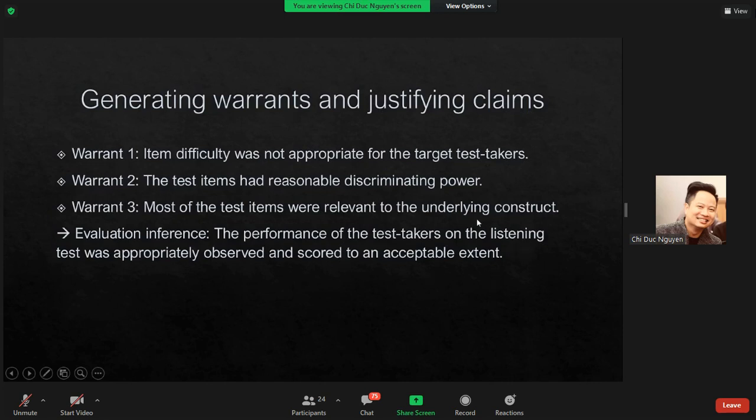What does this mean, to an acceptable extent? What is it? We have learned it already. To an acceptable extent, that should be a qualifier.